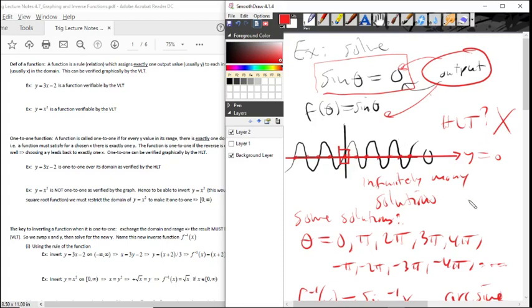So what we do is restrict the domain in such a way that we can cover the entire range of possible outputs of the function, but we still pass the horizontal line test. I'll put that restriction inside a green box here.